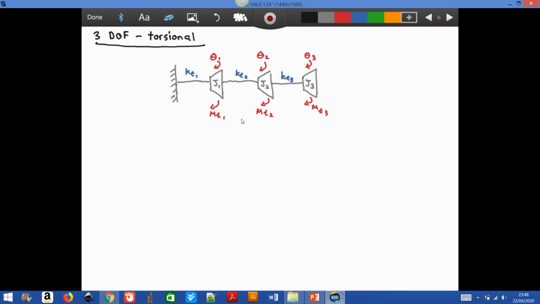Start with Q. The generalized coordinate here, because it's a torsional vibration, is theta. And because we've got three second mass moments of inertia, J1, J2, and J3, Q is theta 1, theta 2, and also theta 3.